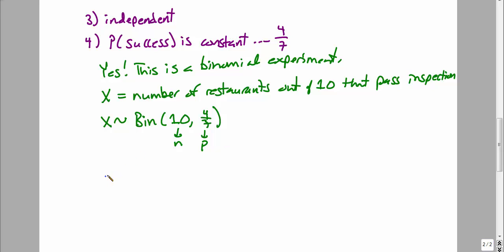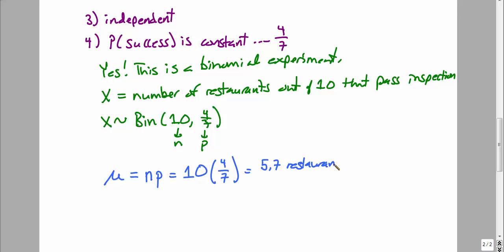So if I wanted to find the mean number of restaurants that pass inspection, the formula here is np from up above. I would take the number of trials times the probability of a success, and I'd get 10 times 4, which would be 40 here, and then divide that by 7. And if I rounded this to the nearest tenth, I would get 5.7 restaurants would pass.